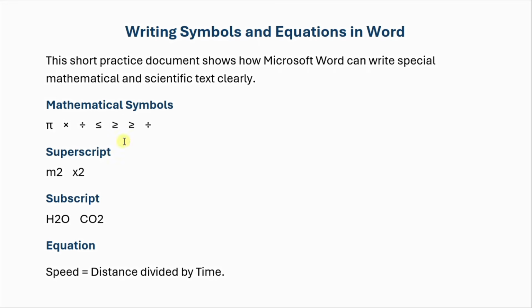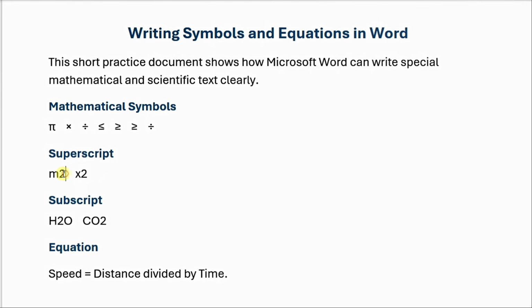Now let's look at superscript. Here we have examples before formatting, M2 and X2. In mathematics, the 2 should go up. So I select only the number 2.